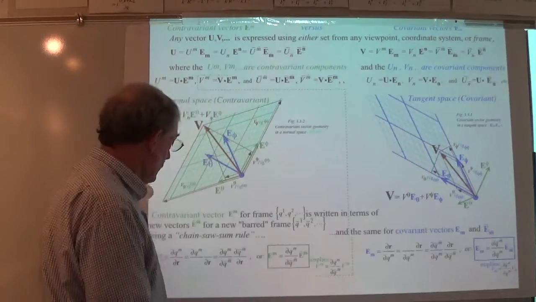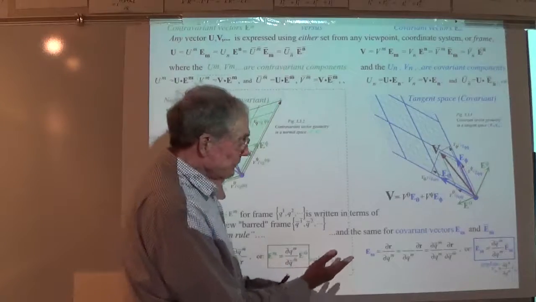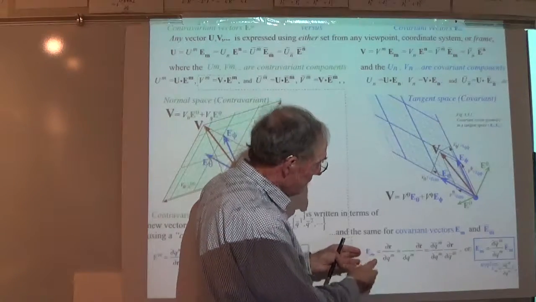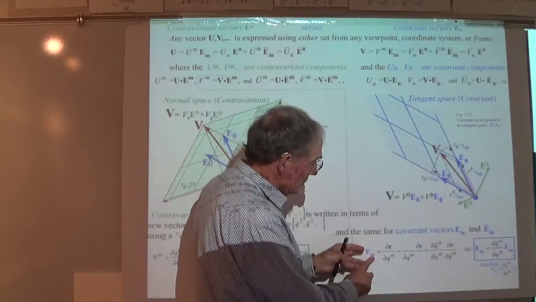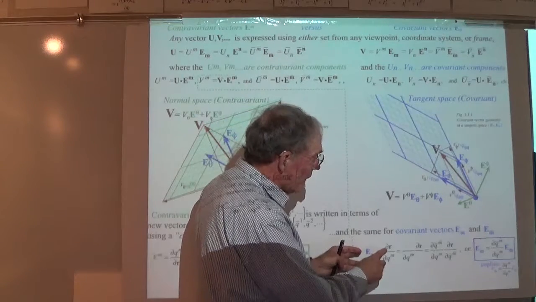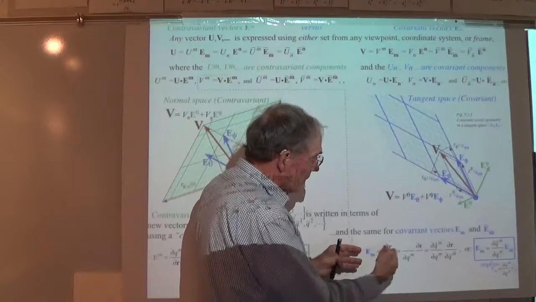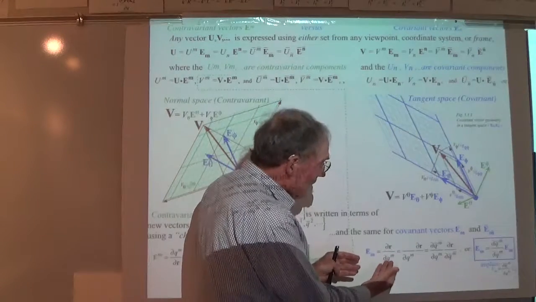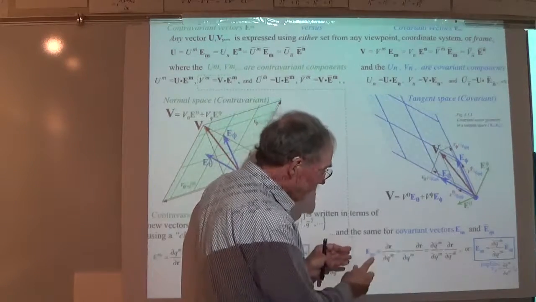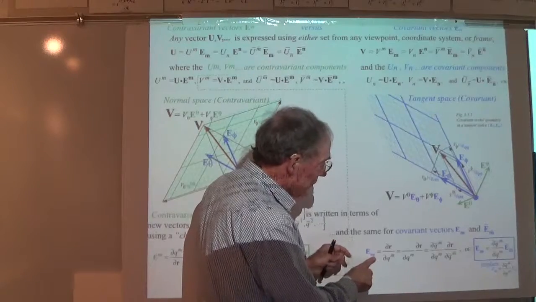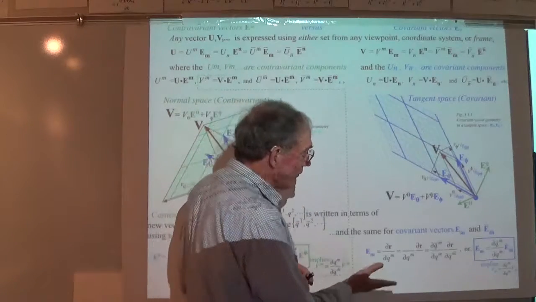But whenever you want to do a coordinate conversion in one of these things, write the vector. If you want to do a transformation of this vector, write its partial derivative down. That's its definition, partial of r with respect to q super m. That makes you e sub m here. And then you do what I call the chainsaw sum rule.